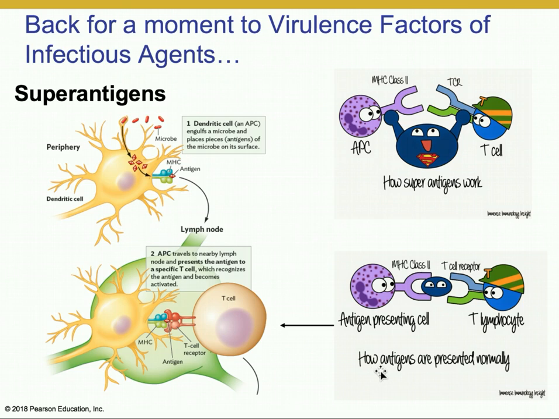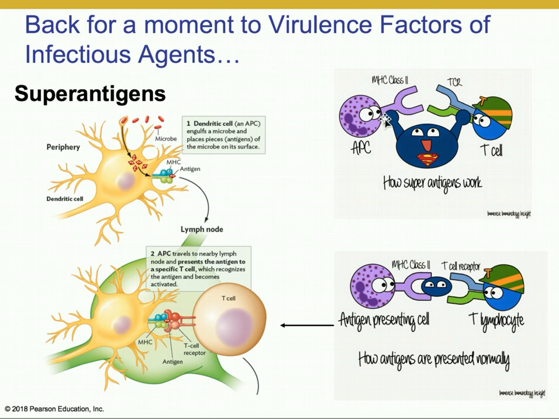So this is how antigens are normally presented in a much more simplified diagram here. The T lymphocyte recognizes this particular antigen and it requires the presence of the antigen here. Superantigens are bacterial toxins that form non-specific synapses.